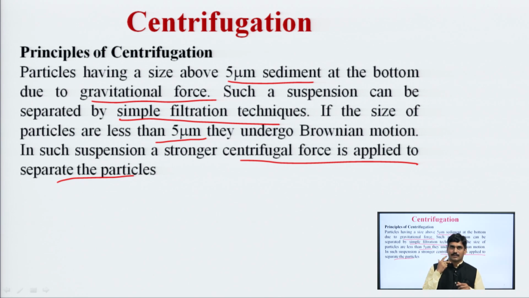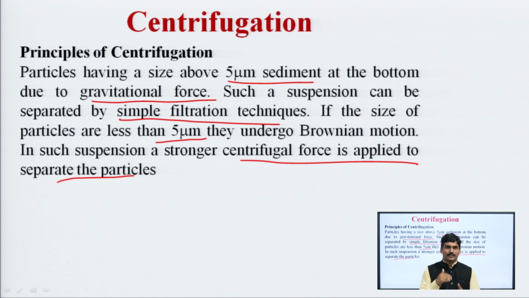So, there are two things we have to remember. First one, if particle size is above 5 micrometer, then the particles can be separated by simple filtration techniques. If particle size is less than 5 micrometer, then centrifugal force is the more prominent way of separating the particles.